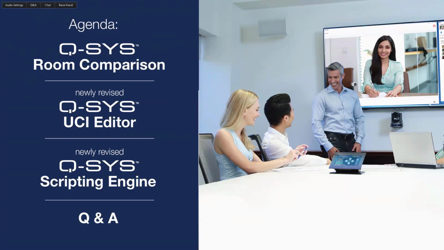Then we're going to transition to a couple of new features that we're going to be introducing at ISC, like I mentioned earlier, one of which is a couple of new features in the UCI Editor, which is the software that we use to design user control interfaces within our platform. And then we're going to go over the newly revised scripting engine, which has a couple of really cool new programming features that I think you're all going to enjoy. And then we're going to do a Q&A at the end.